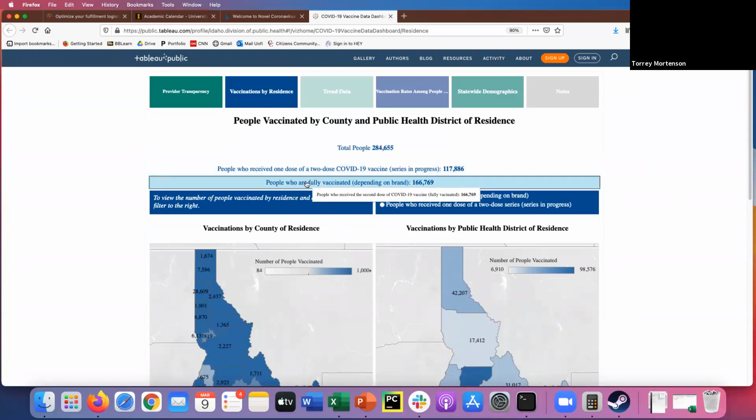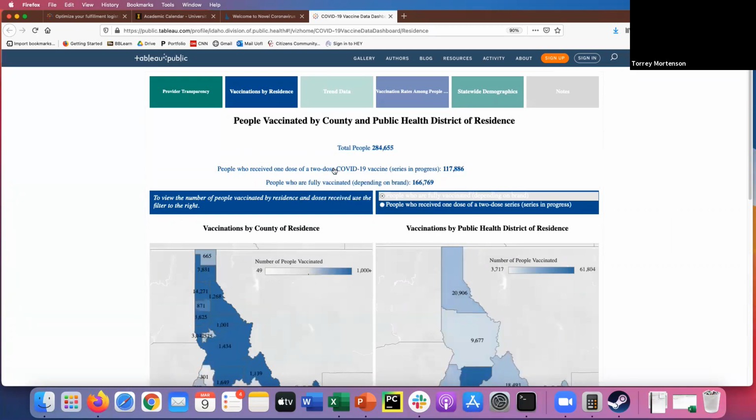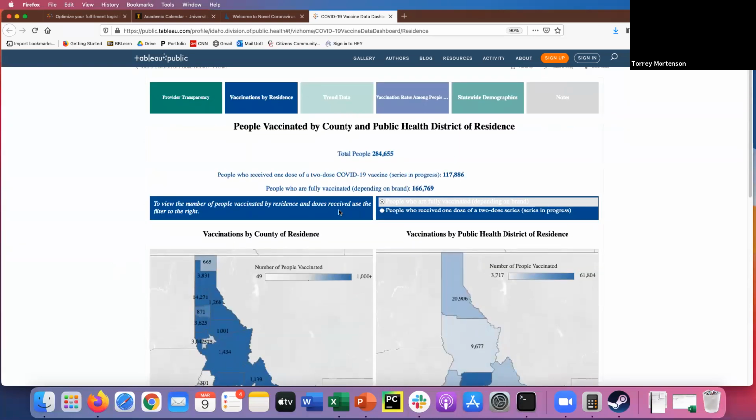Let's do this. So this is an interesting example here. Look at this. People who are fully vaccinated or who received one dose. So look at this. This is duplicative of this. Just make one of them. You don't need radio buttons if you can just make this do it. Does that make sense? Now you want to try to make it as easy on your users as possible. Let's see if they did the radio buttons right.